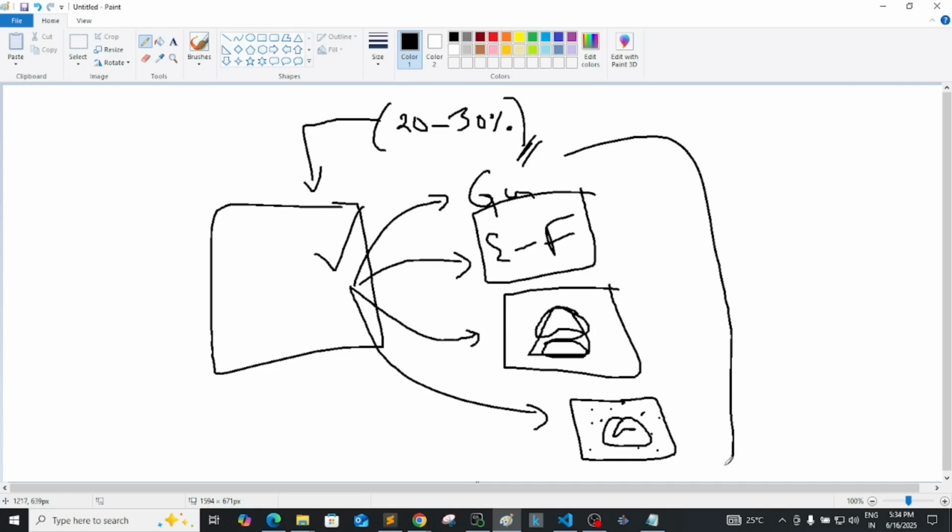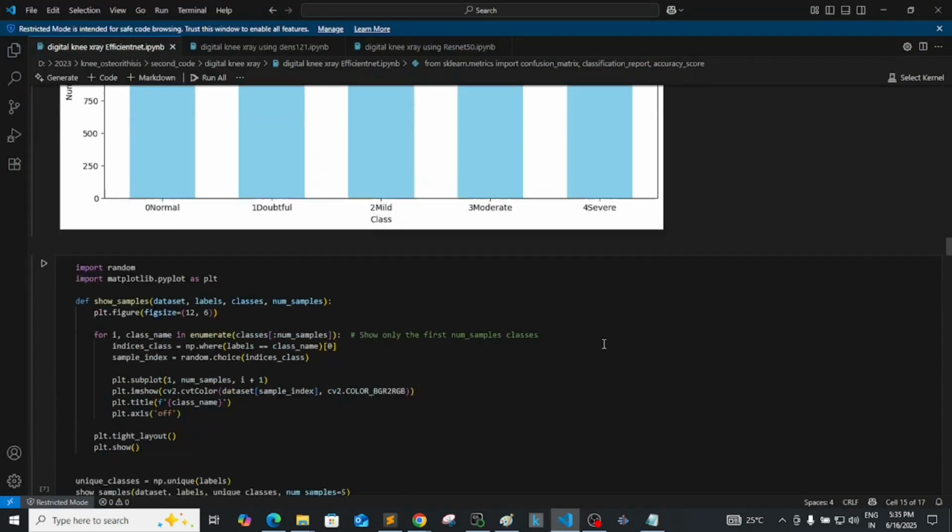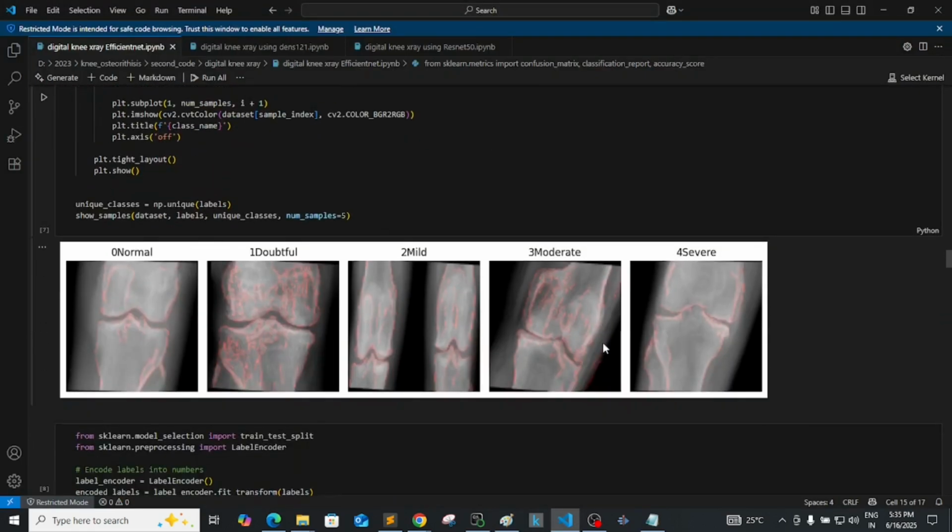Once I apply all these pre-processing techniques, my images look like this. You can see the region, the bones, their structure is highlighted. We are not touching the background. Even though you can see a blurry white thing here, we are not taking it into consideration.